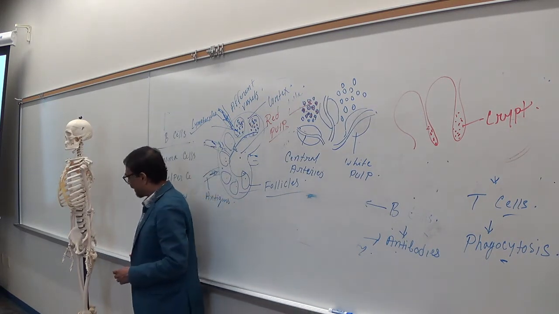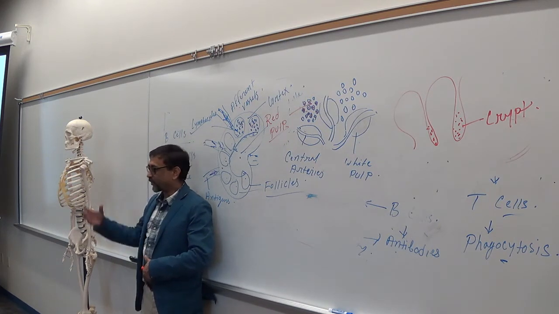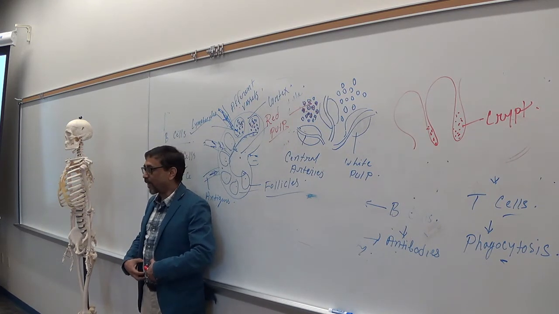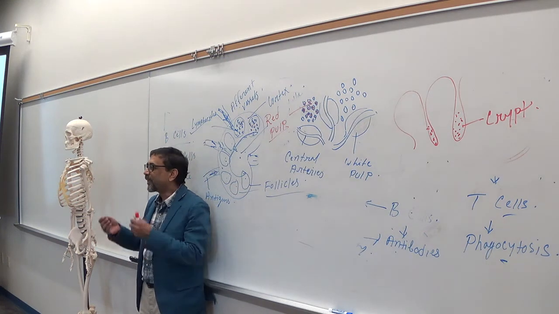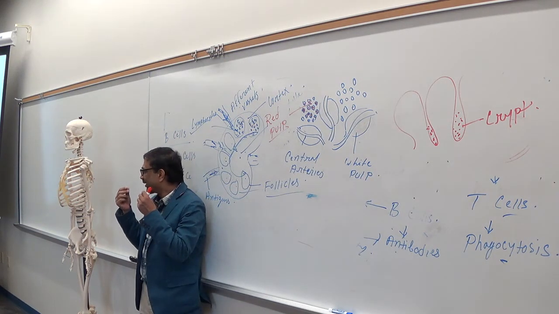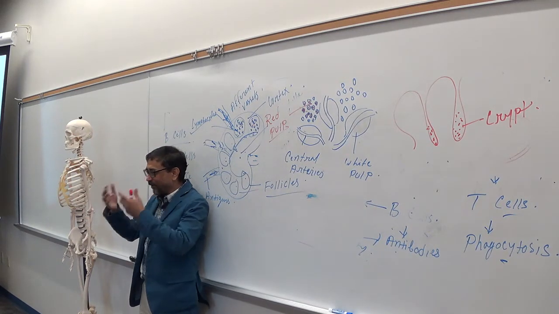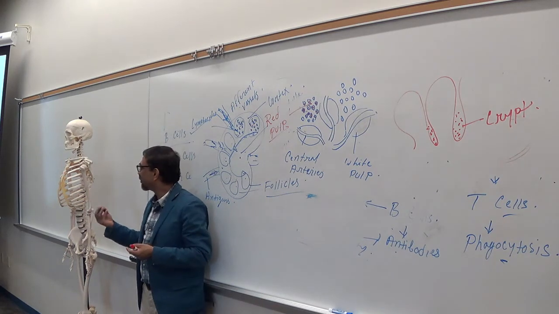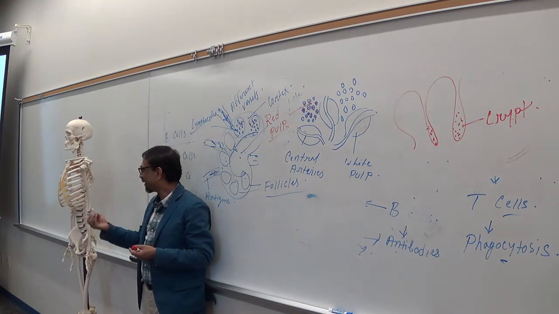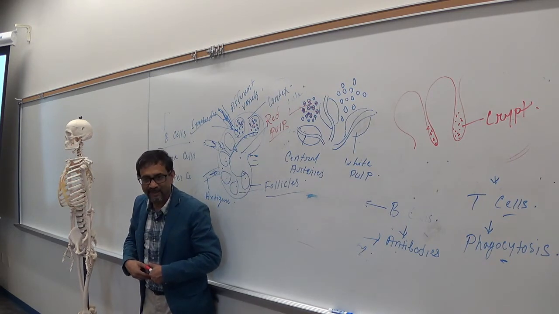Now, just think why you need those aggregated lymphoid follicles in the wall of the late part of the small intestine. Because if you think about which way the antigens can easily enter into your body, through your respiratory system, right? Because you are taking the air 24 hours from outside, right? Another is food. You are taking food, right? So the food goes to the intestine, right?